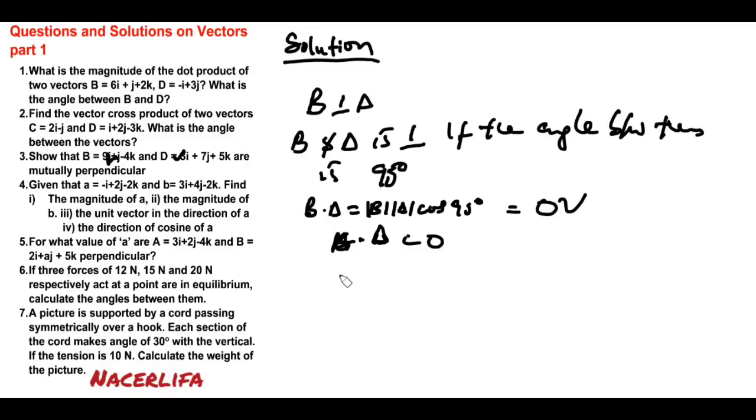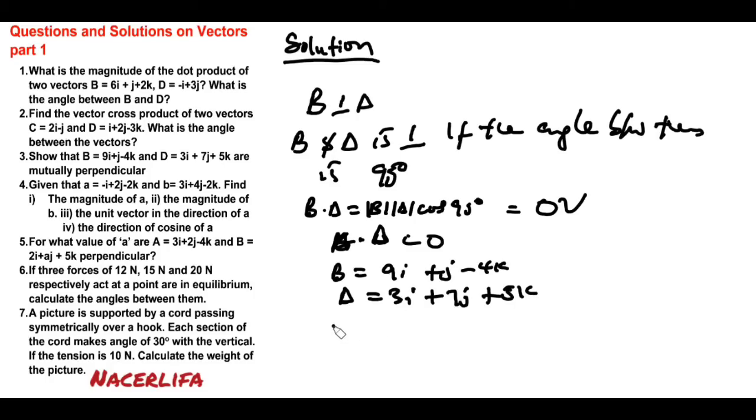We know that B is 9i plus j minus 4k, and D is 3i plus 7j plus 5k.